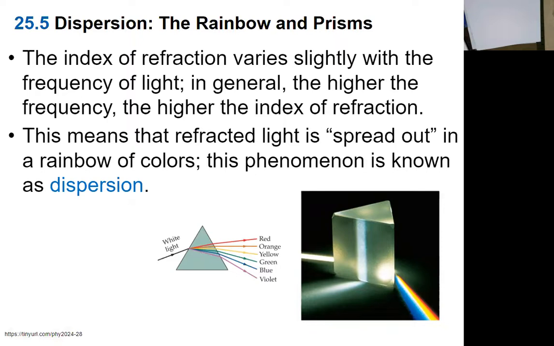Those colors have very similar wavelengths. They differ by a slight amount, and their wavelengths or frequencies are very similar to each other. However, the index of refraction depends on the wavelength of the light.